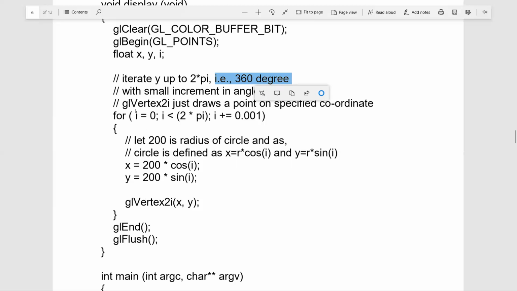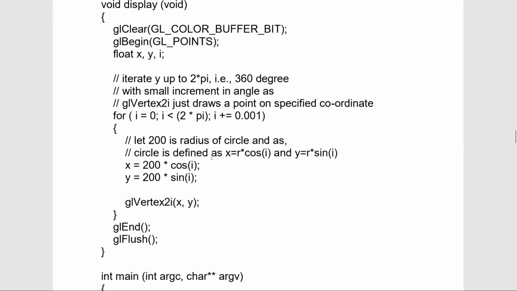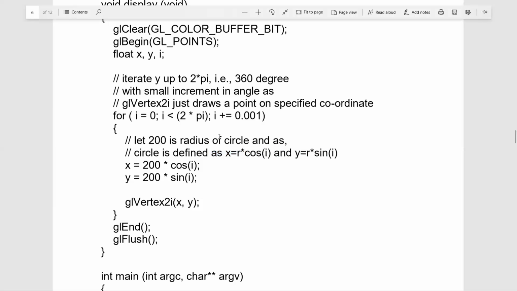So we are using an iterative loop, and within the loop the x values are getting changed, where the x value for the circle is defined as r into cos of i, and the y value for the circle is always computed using r into sine of i. We are iterating up to 2 into pi, that is 360 degrees.